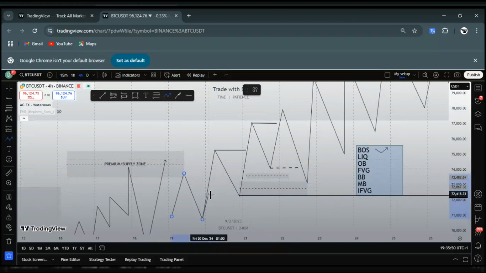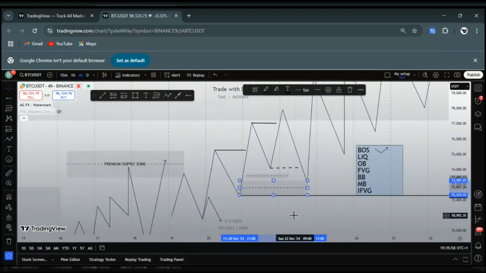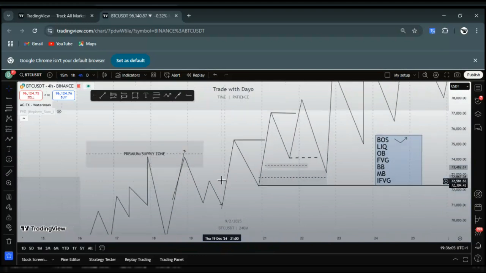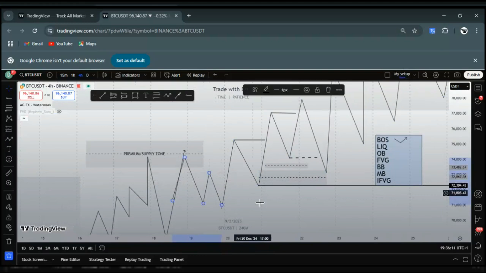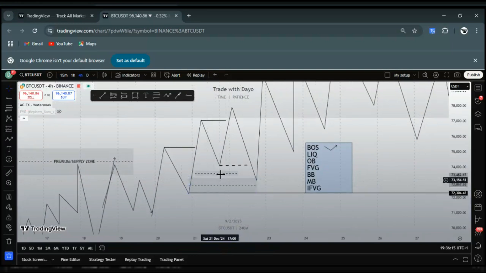Then it solidifies your zone more. So it makes your zone more valid. So when you see a breaker block or a mitigation block, then it solidifies this zone. So the more confluences you get, the more valid the zone becomes.